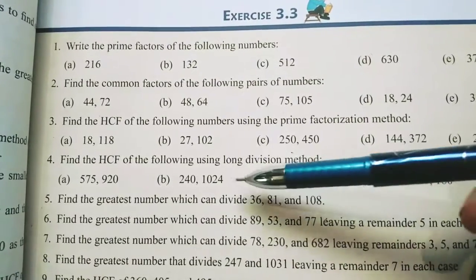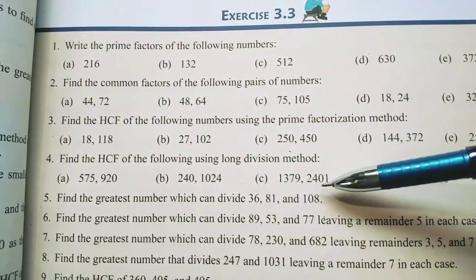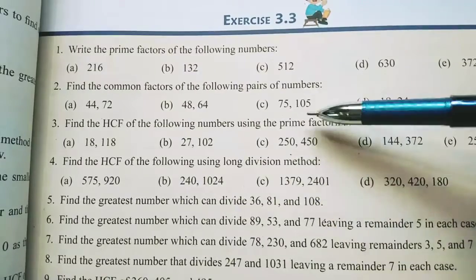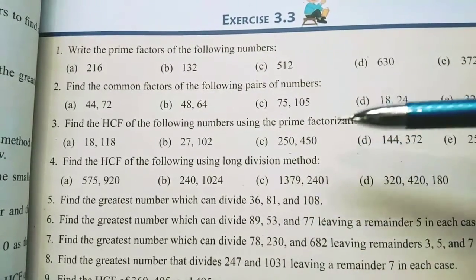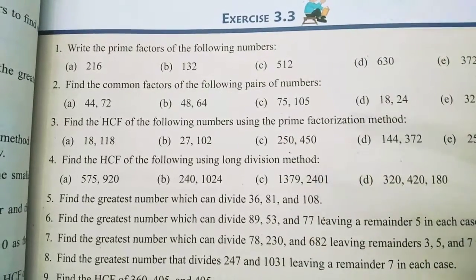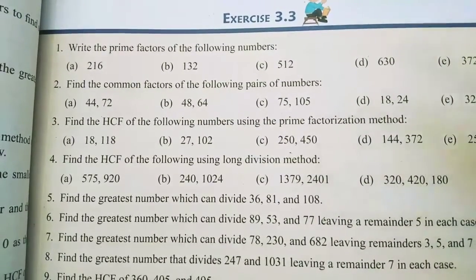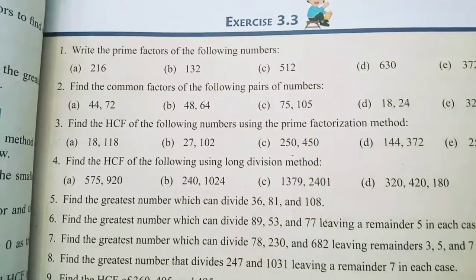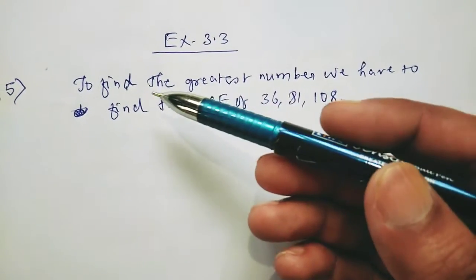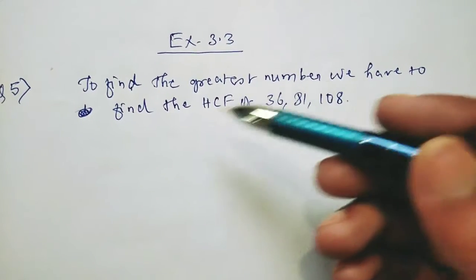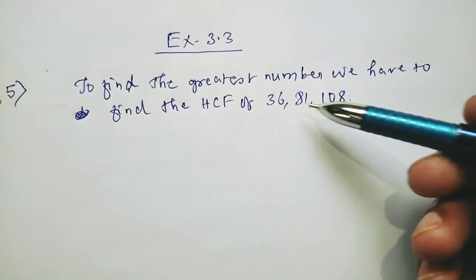You can find the HCF of these three numbers by any method, whether by prime factorization method or by long division method. Whatever you feel easy, you can do. So let's do it. You have to write like this: to find the greatest number we have to find the HCF of 36, 81 and 108.